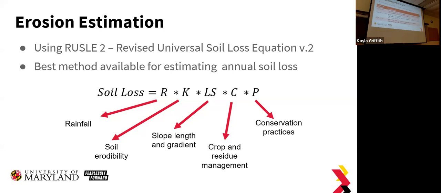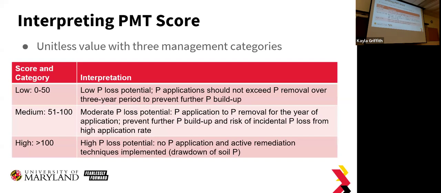All right, last thing I want to talk about is how you interpret the score. Again, I mentioned that the PMT score is a unitless value, and based on your score, you fall into one of three management categories. This is really important: once you cross that 150 soil P FIV threshold and you actually have to run the PMT, even if you're in the low category, there is still management associated with that.